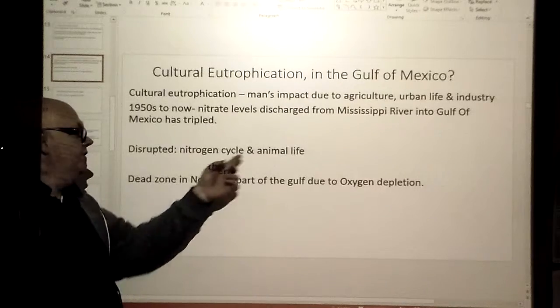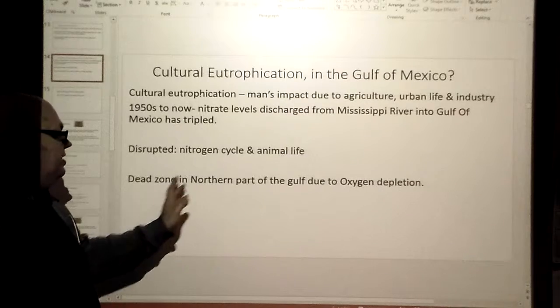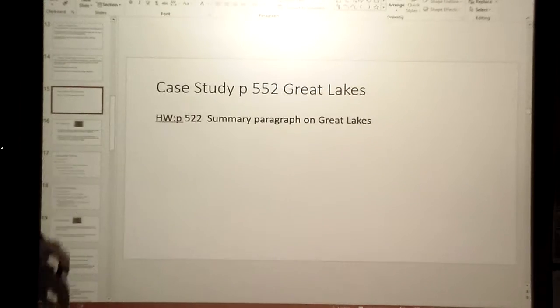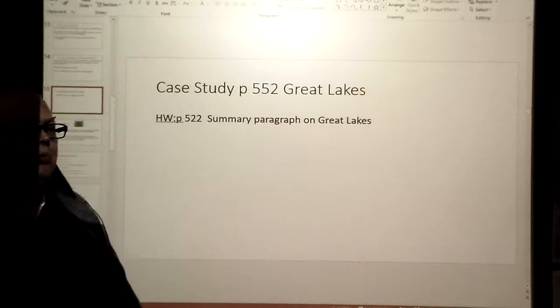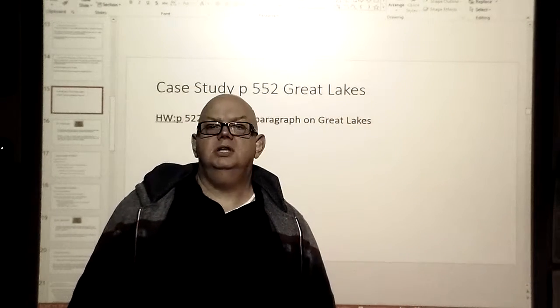What's being disrupted? The animal life and the nitrogen cycle. Bit of a problem. Dead zone in the northern part of the Gulf due to oxygen depletion. I'm just going, fine, and there's your homework, and yes, it's been put on the assignment center as of April the 8th, 2019.